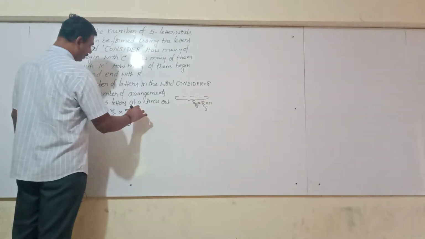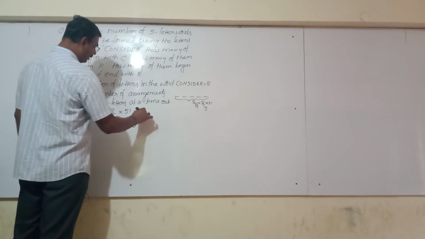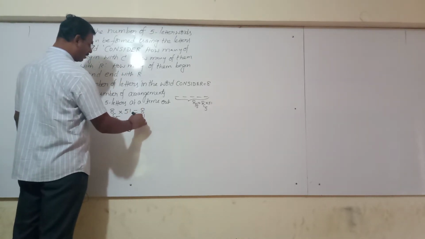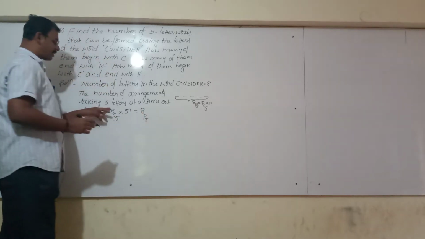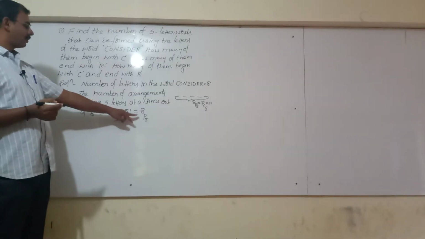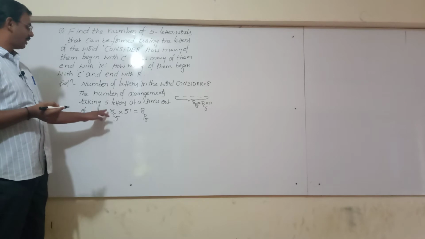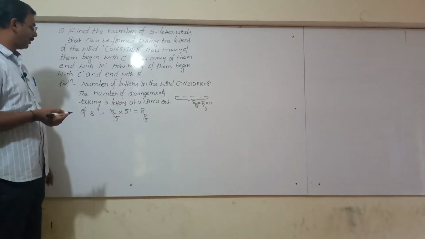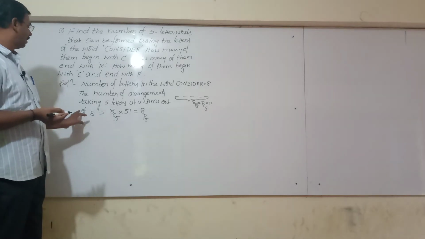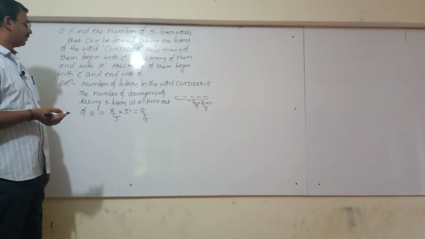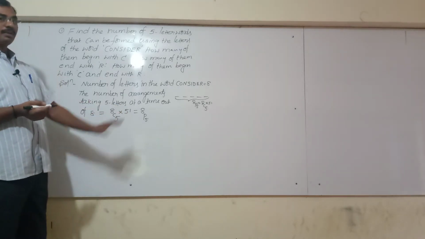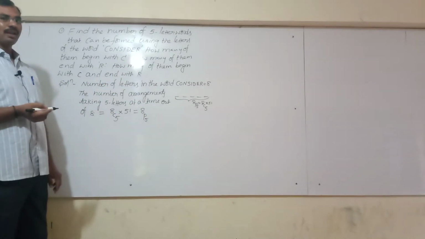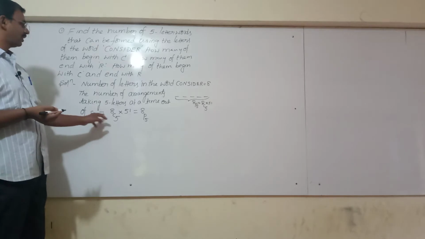This is also nothing but 8P5, since according to the formula nCr into r factorial is equal to nPr. 8P5 is also correct. This is the answer using the formula method, or else we can do it with the blank diagram. Using the counting principle also we get the same answer.